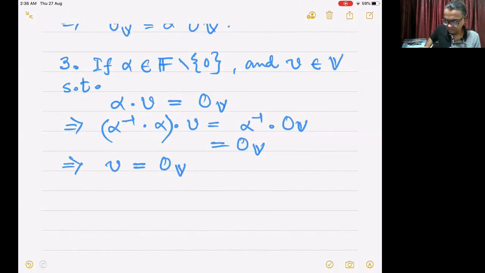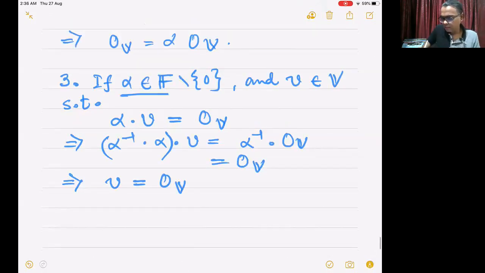So what we are saying is if alpha is a non-zero scalar and v is any vector such that alpha v is equal to 0, then v must necessarily be 0. So only the 0 vector multiplied by a non-zero scalar gives me the 0 vector.